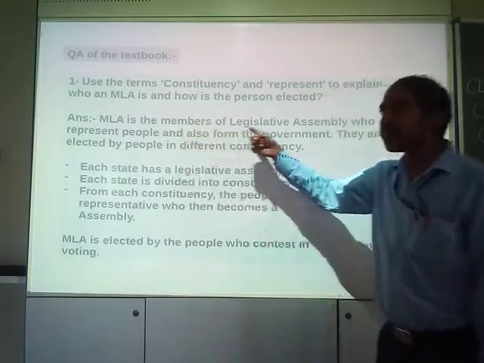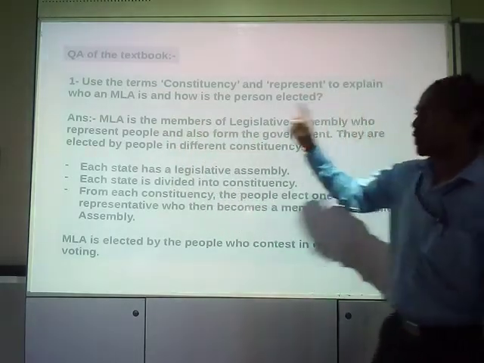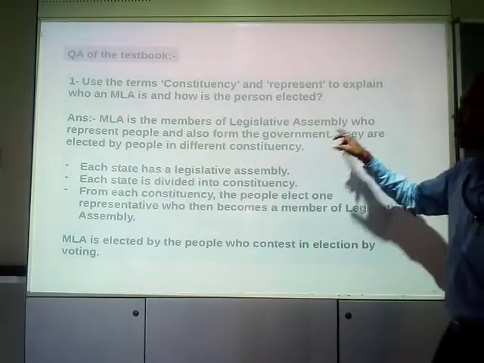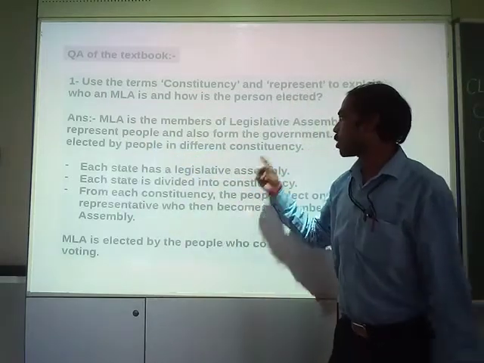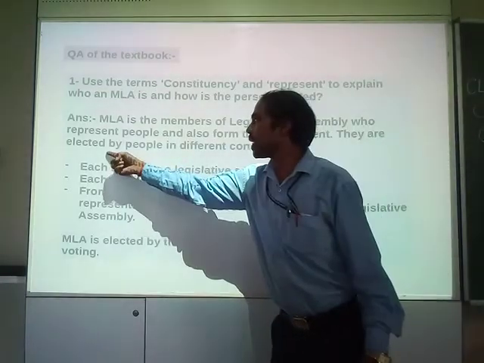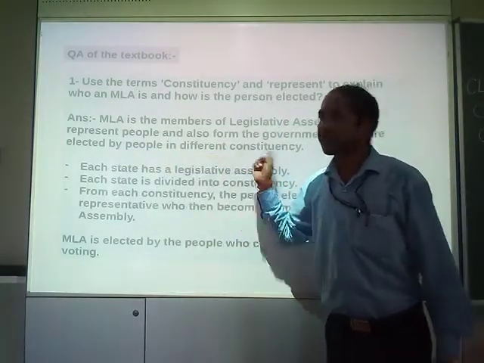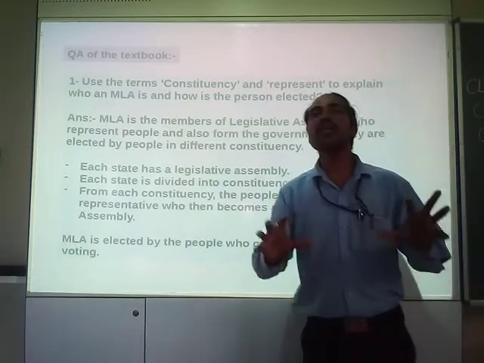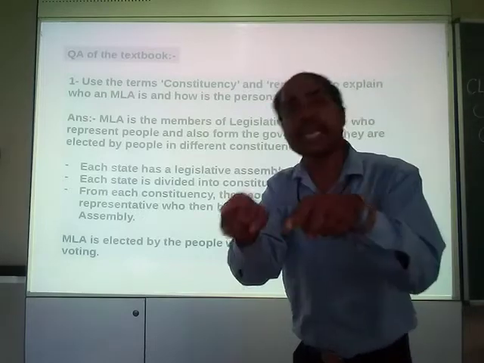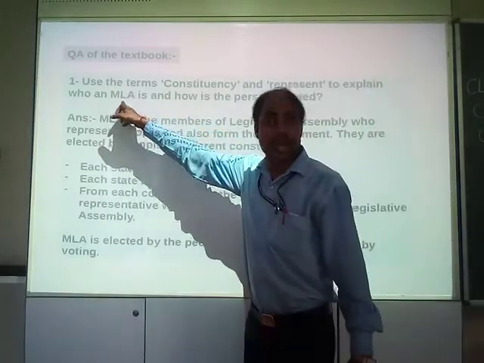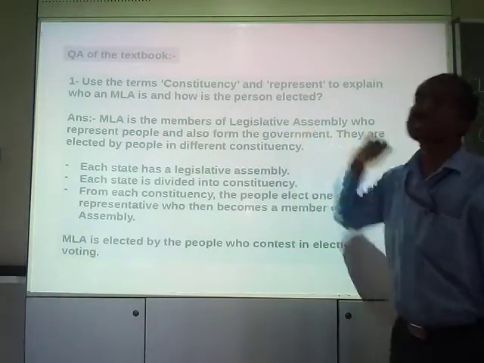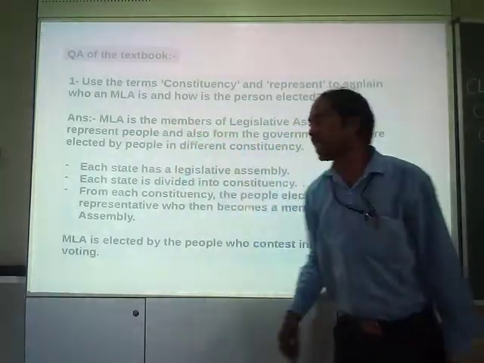So MLA is member of legislative assembly who represents people and also forms the government. So the word represent comes over here, and constituency too. They are elected by people in different constituencies. That means people living in different regions, different constituency elect that MLA. Clear?